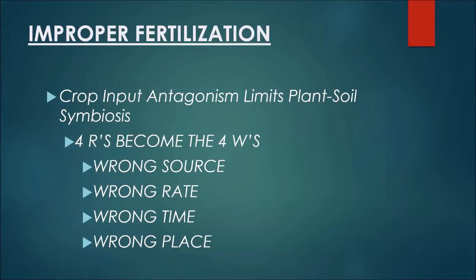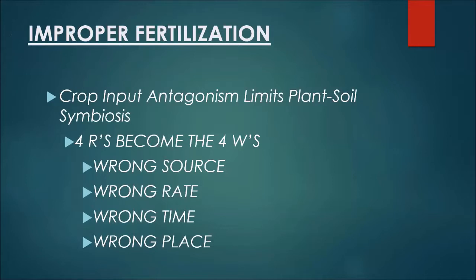Well, oftentimes we just don't know. And maybe we think we're doing the right thing and trying to implement the 4 R's, but we actually implement the 4 W's. The wrong source, at the wrong rate, in the wrong time, in the wrong place.